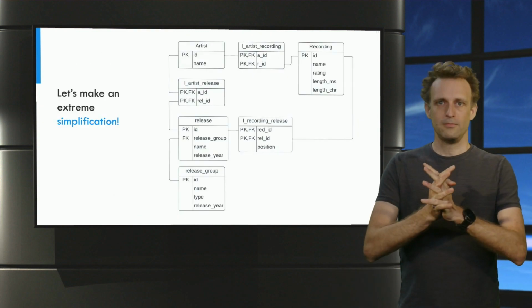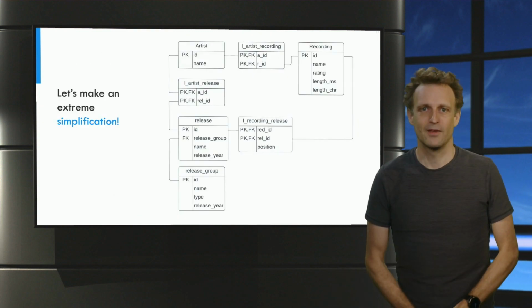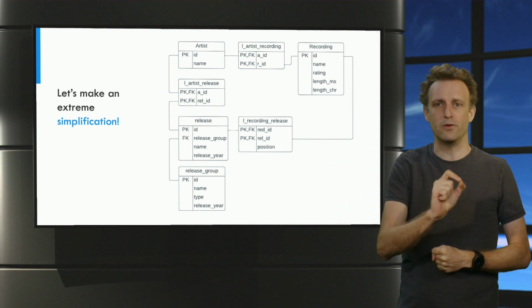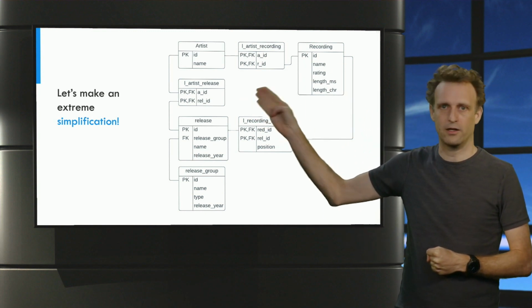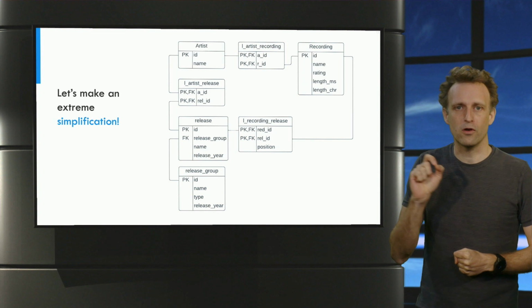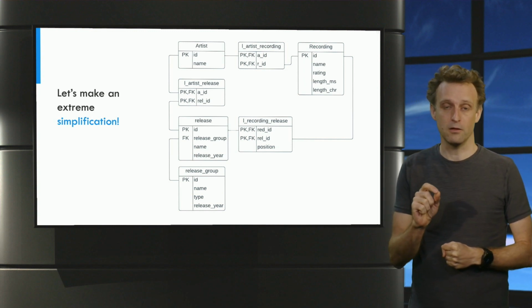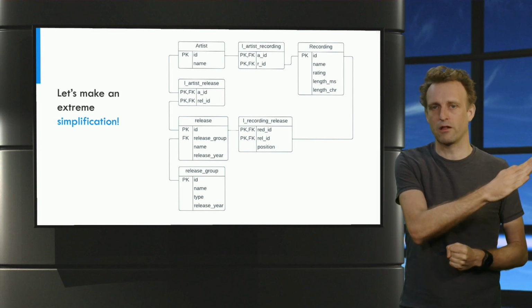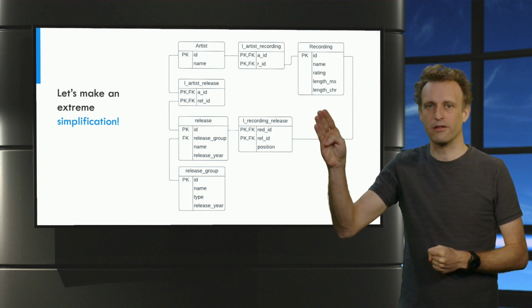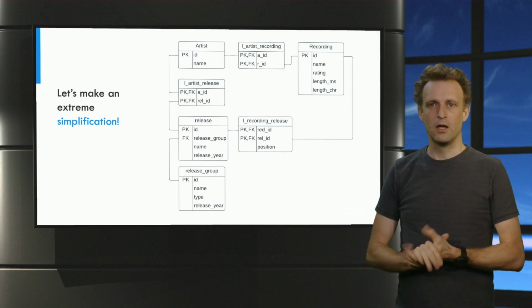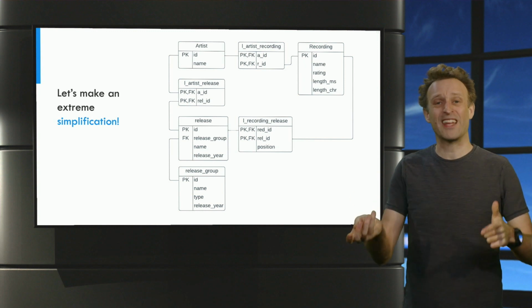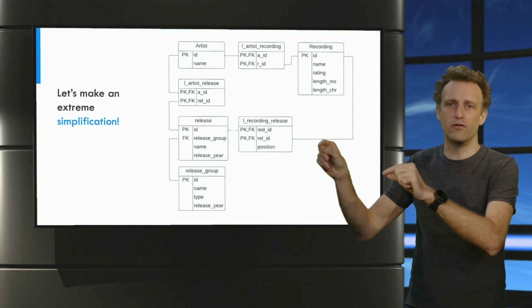Good. It's toy example time again. I will make a simplification to the MusicBrainz schema which looks like this diagram. I'm only focusing on the entity types I'm interested in, which in this case would be artists, recordings, releases, and release groups. Release groups are things like albums and singles, but from a conceptual viewpoint.